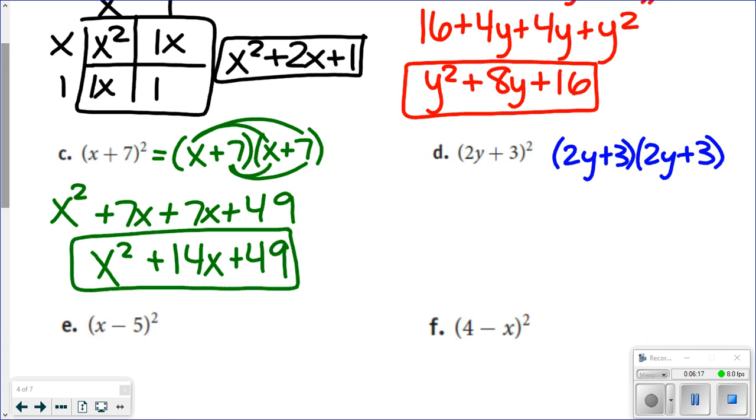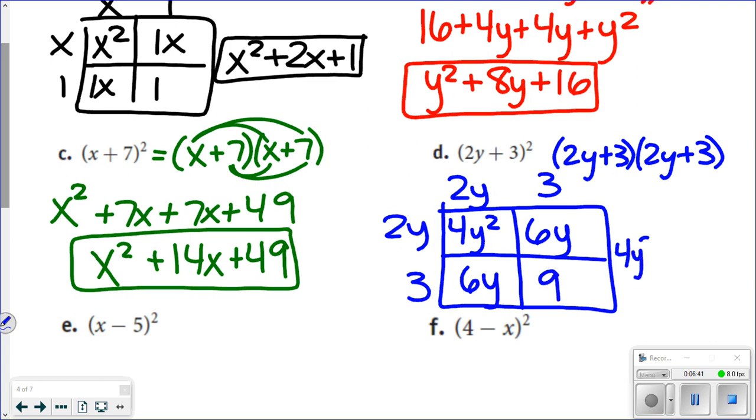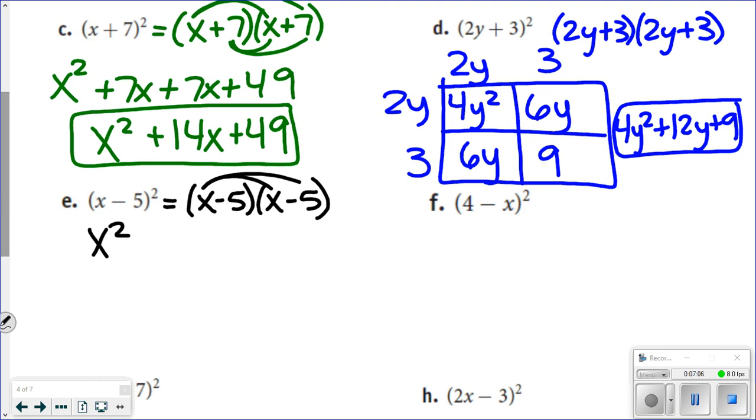Combine your like terms. Be careful with your signs when you're solving these.